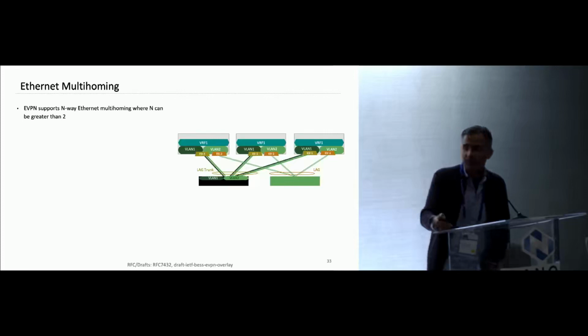Now you can have multiple replicators, so you can have a set of replicators, and your ingress VTEP can load balance across that set. If one of the replicators goes down, it just uses the remaining replicators. And yeah, I said this already: new procedures, there's a new PMSI tunnel flag, but otherwise there are no new route types.